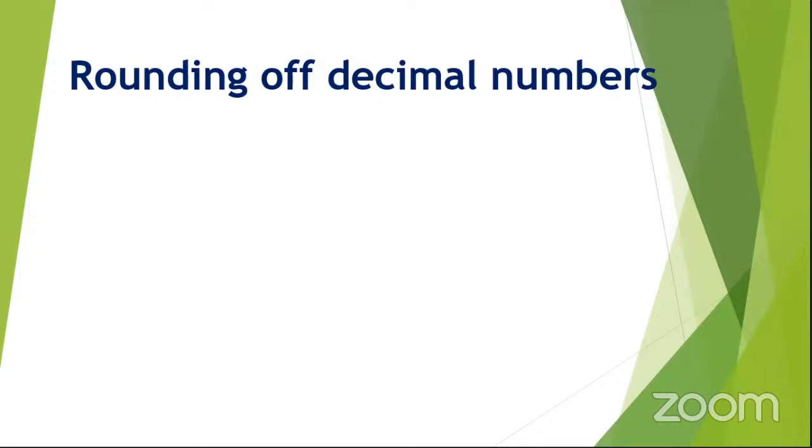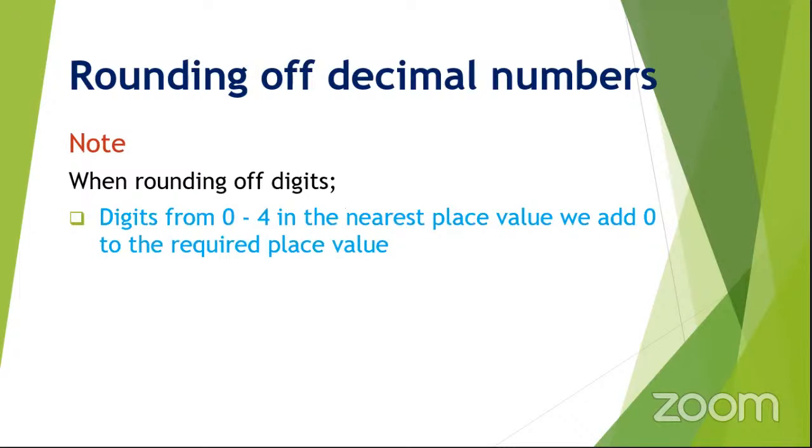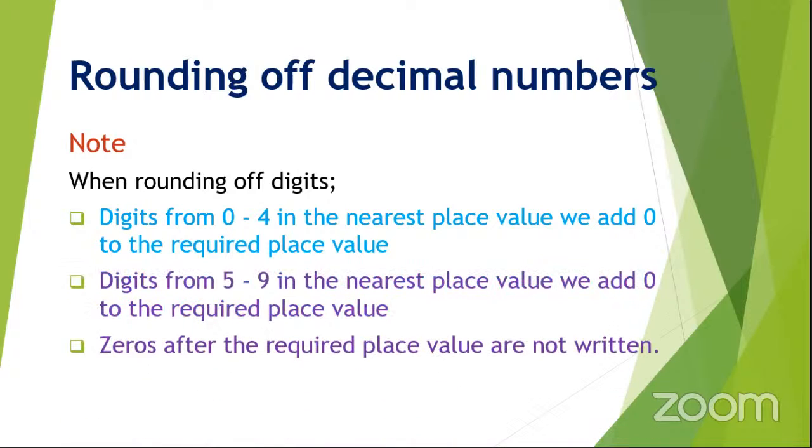We are looking at rounding off decimals, and here there are two things we need to note. This is the same where the digits are from 0 to 4: we add a 0 to the required place value. But there is this main one. Remember, when you're dealing with whole numbers, all the zeros after the required place values are written.